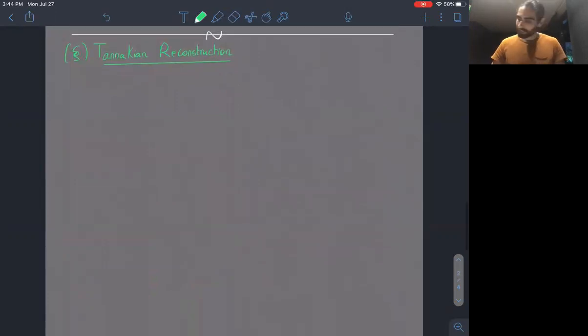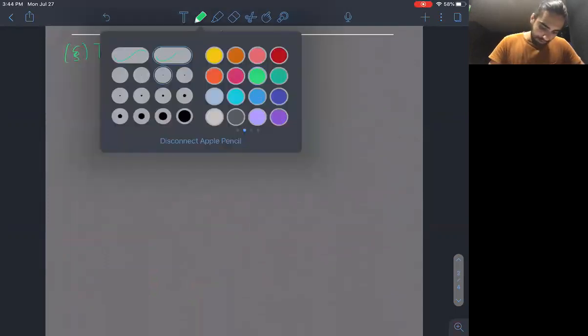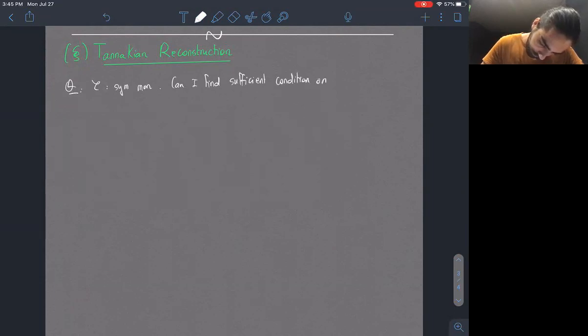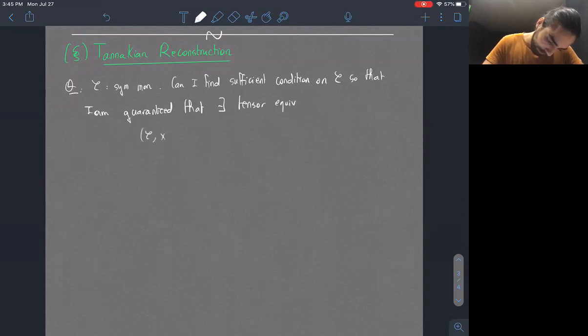So the first thing I want to talk about is this notion of Tannakian reconstruction. It asks: if I have a category C that is symmetric monoidal, can I find sufficient conditions on C so that I am guaranteed the existence of a tensor equivalence between C and the category of representations of some algebraic group H with its tensor product?